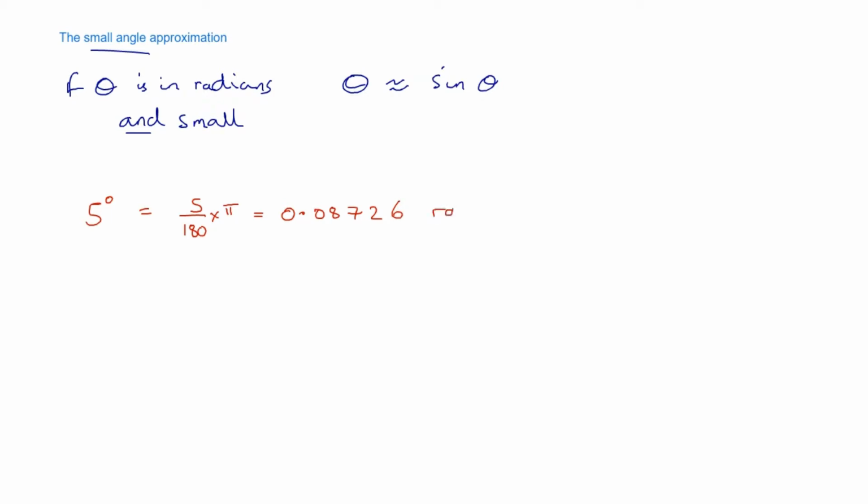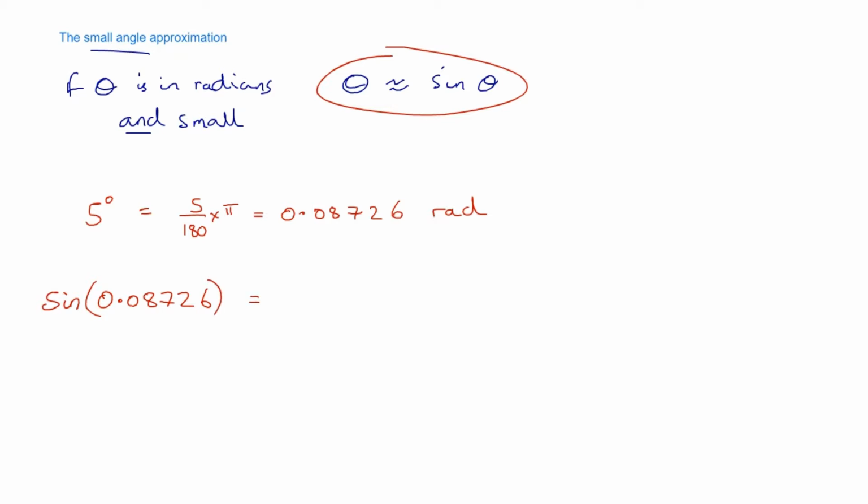So 5 degrees is 0.08726 radians. Well, if what I'm saying is true, that when the angle's in radians theta and sine theta are about the same for small angles, then the sine of 5 degrees in radians should give us the same. So we need to find the sine of 0.08726. I've only done it to 4 significant figures there.